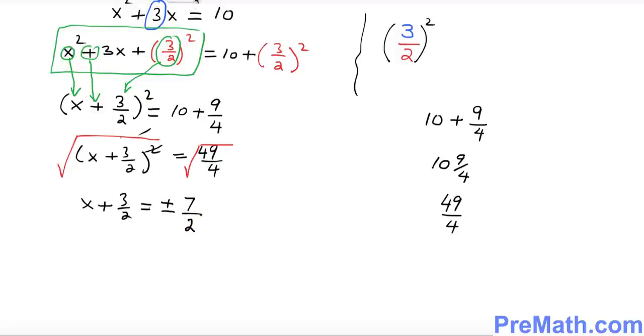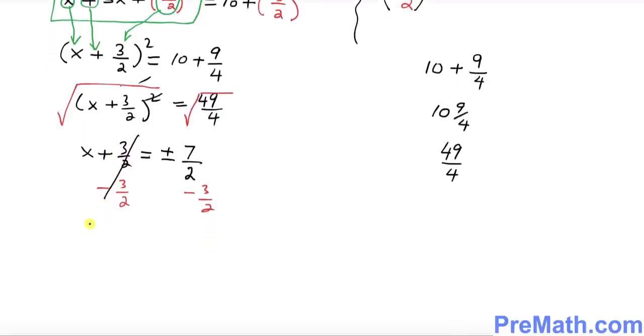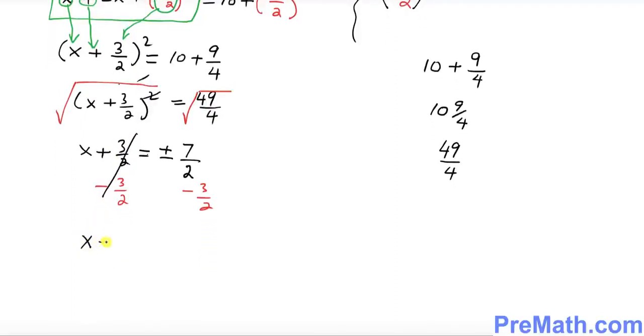Now I want to get rid of this 3 over 2. I'm going to subtract 3 over 2 from both sides, so this thing is gone. So we got x equals negative 3 over 2 plus or minus 7 over 2.